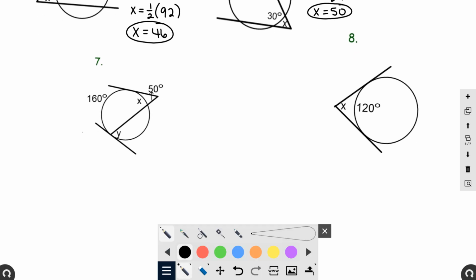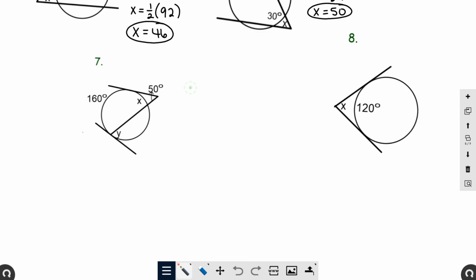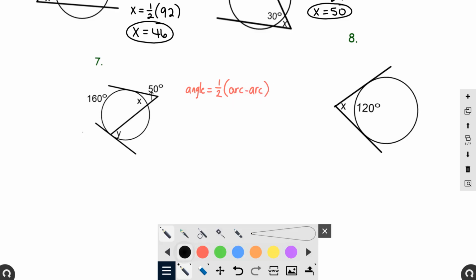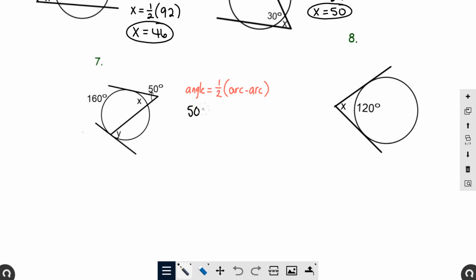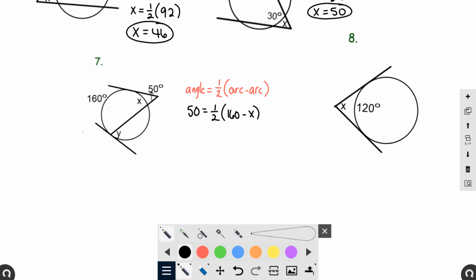We're going to do the angle equals 1/2 arc minus arc. So I heard y'all already saying it. So 50 equals 1/2. What's going to go in that parenthesis? Very good.